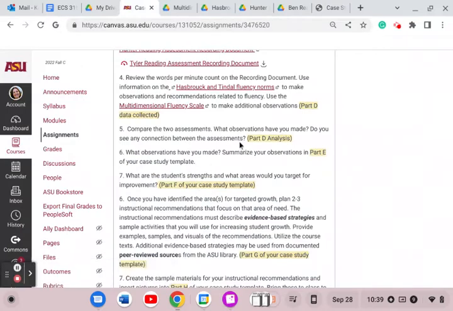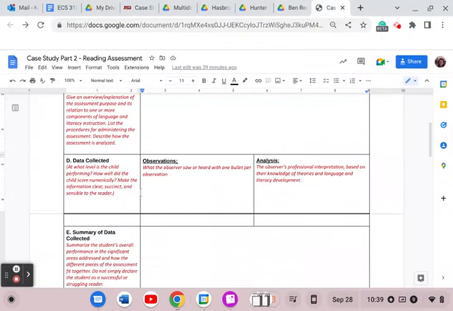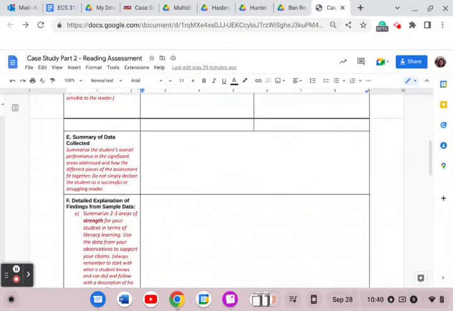So you have part D completely filled out now, and you're moving to part E. So part E is you're writing the summary of all the data collected. You're going to write a summary of where the child's comprehension is at, where their fluency skills are at, the words per minute, and are they at grade level or are they not?